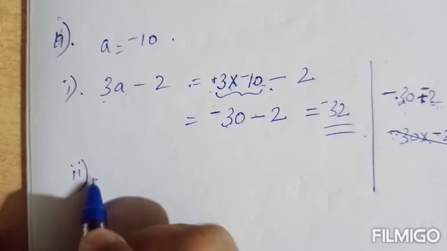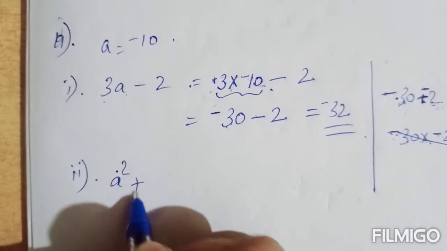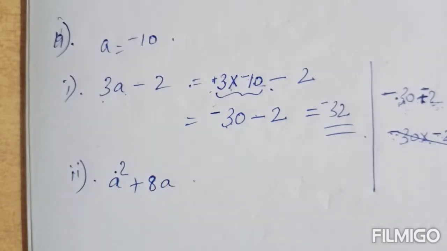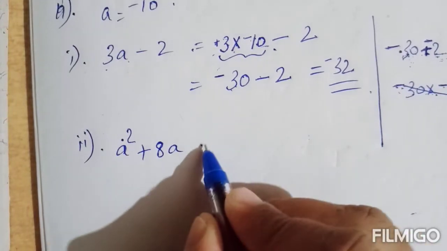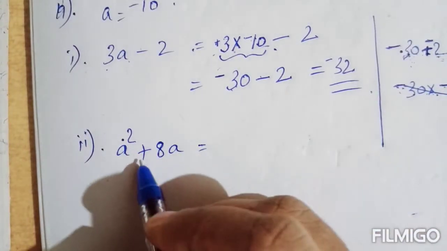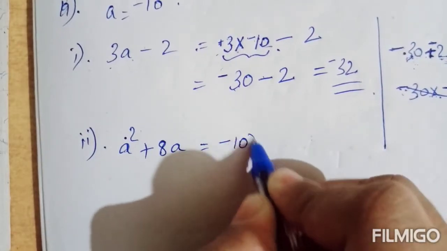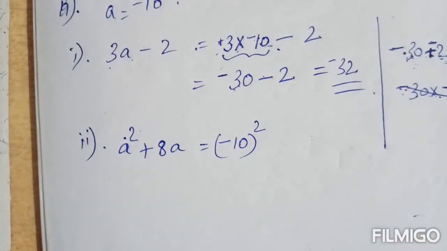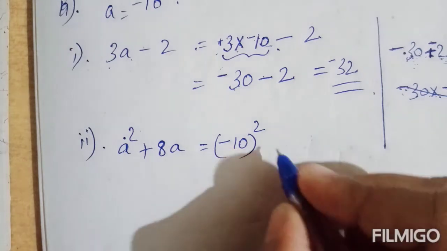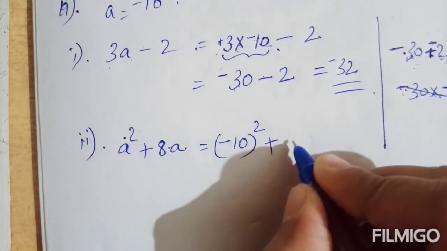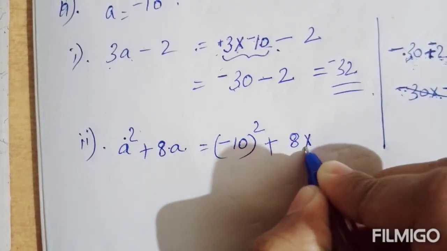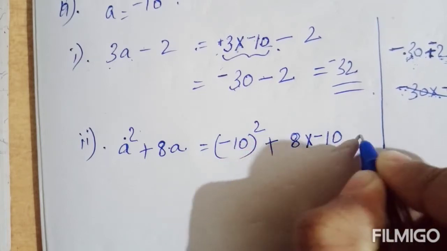Now in the second one, a square plus 8a. Just substitute the value for a, which is given as minus 10. A square will be minus 10 whole square. Plus 8a, that means 8 into a, and the a value is minus 10.